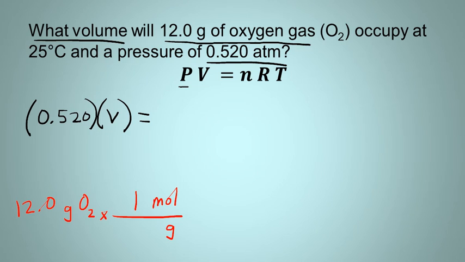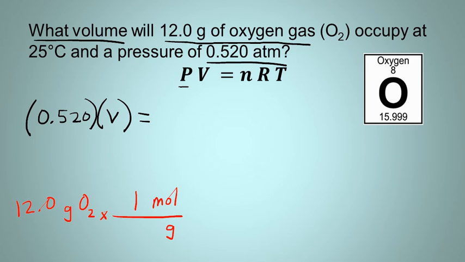Well, we have to look at the periodic table. And so here's the periodic table square for oxygen. It looks like oxygen has an atomic mass of very close to 16.00. But this is O2. So that means we have to multiply that by 2. So 1 mole is 32.00 grams.